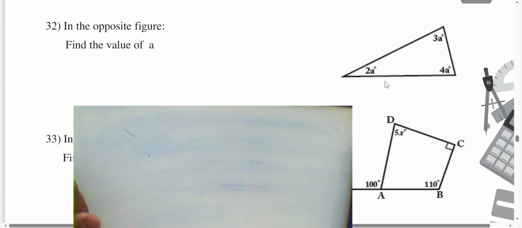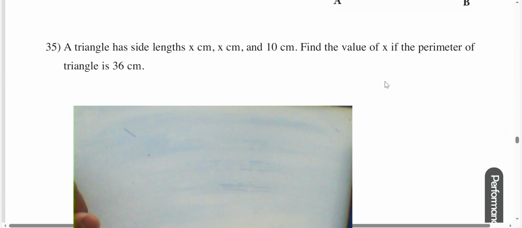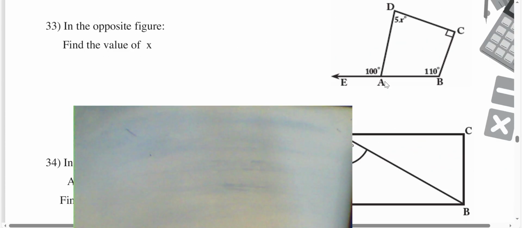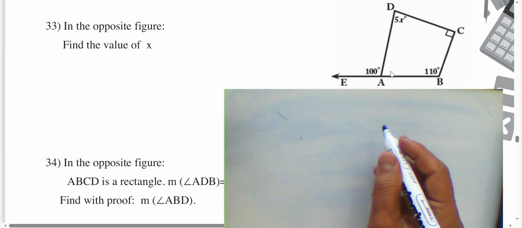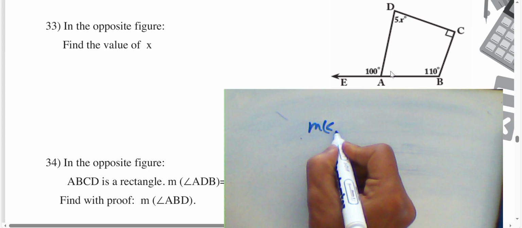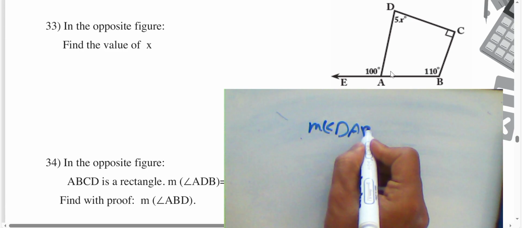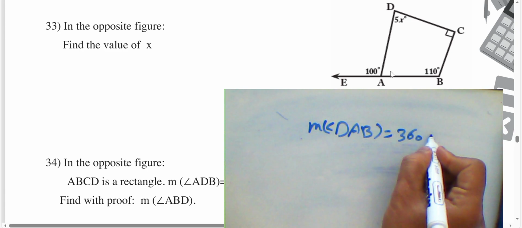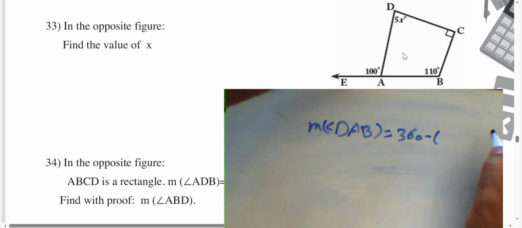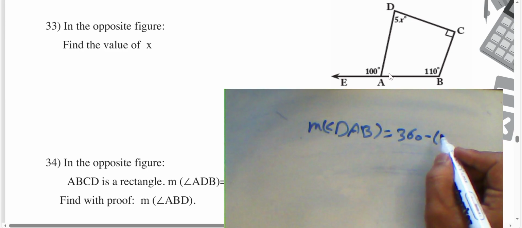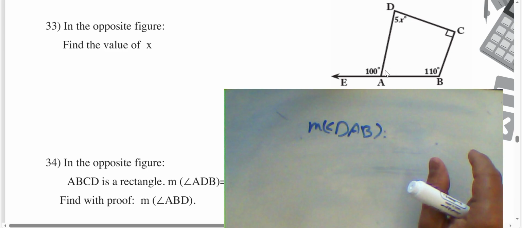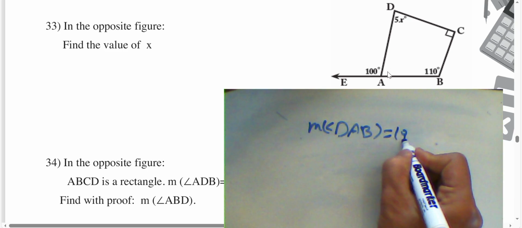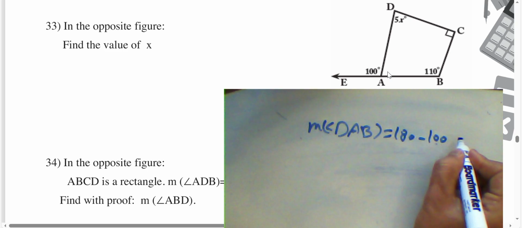Okay, next question number 33. We have a quadrilateral, the sum of interior angles in this quadrilateral equals 360. First step, we can find the measure of angle DAP from the straight angle. We can find this angle first, 180 subtract 100 equals 80 degrees.